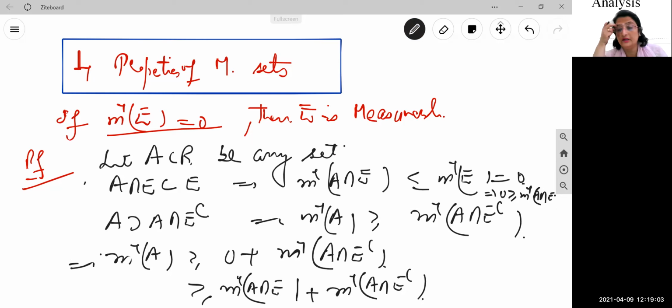So we have in the definition, it is sufficient to prove that m star A is greater than or equal to m star E plus m star A intersection E complement. It implies E is a measurable set.